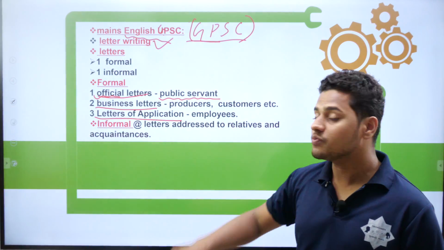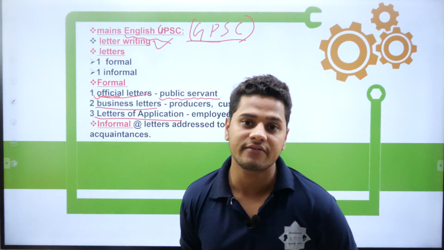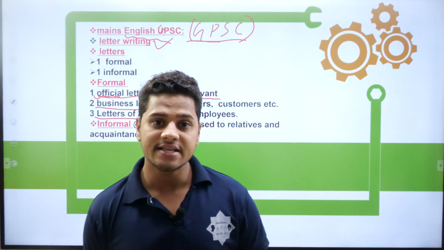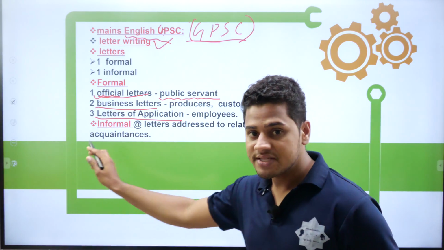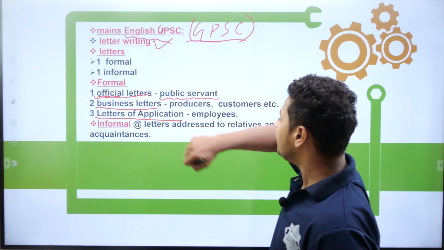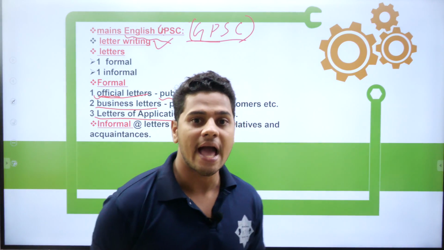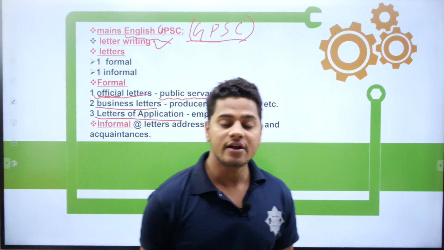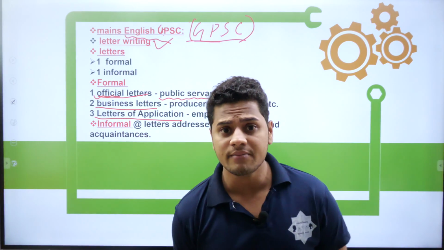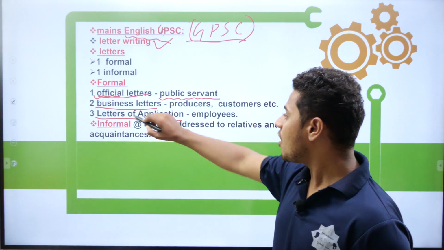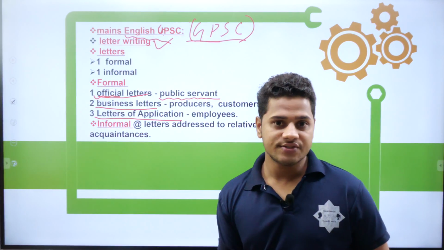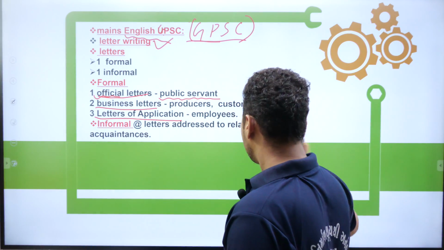Business letters are for the producer or the customers; when we are addressing them, we use a business letter. And letters of application, for example, if any of the companies are addressing the employee, or the head of any company, that time we are using a letter of application. So these are three kinds of formal letters.